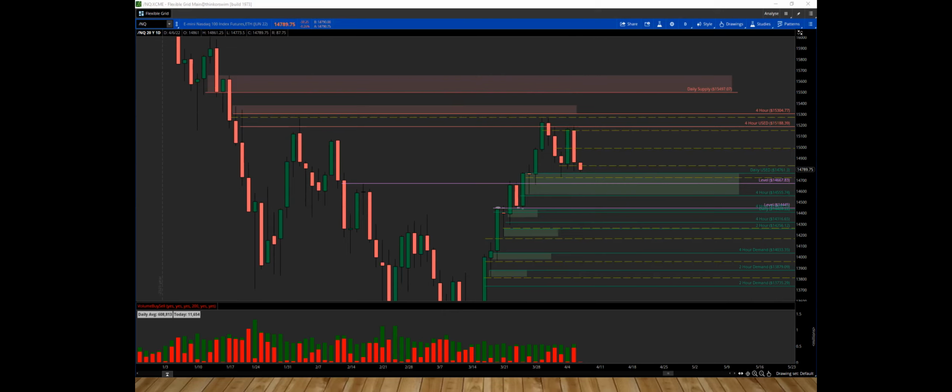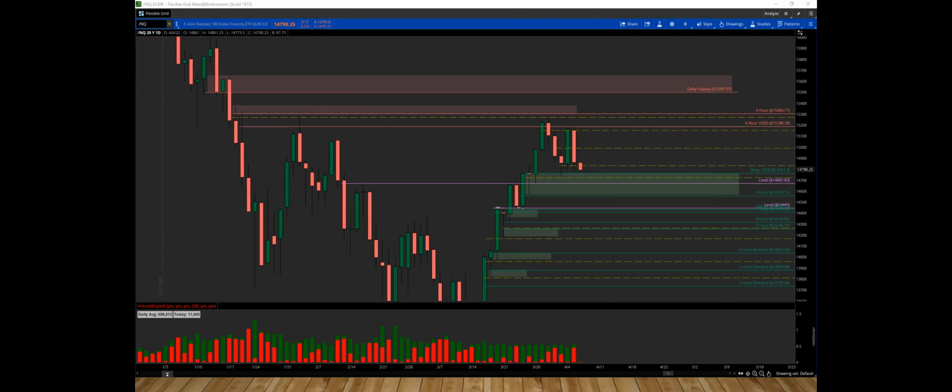How a market works in general is that it will move from demand to supply and from supply to demand. But unfortunately, that's not how it always works, because if it always moved like that, it would be too easy.